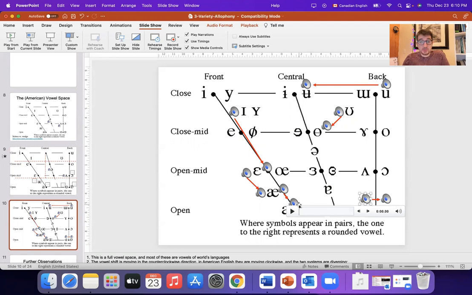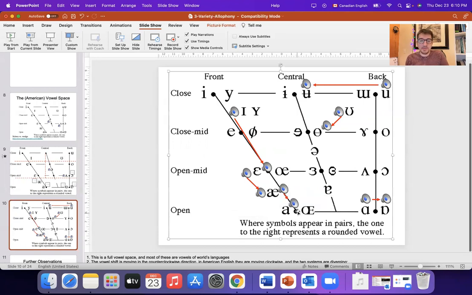The shift is counterclockwise. So we have from Bob to Bob. Then this vowel, open, low, back, unrounded, becomes a rounded one, and it leaves some space for another vowel to fill it in. So this decides to shift down towards half.